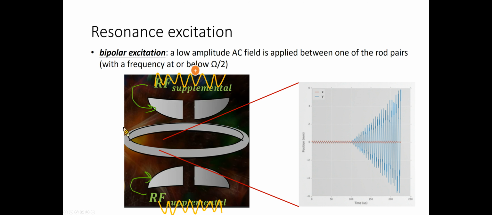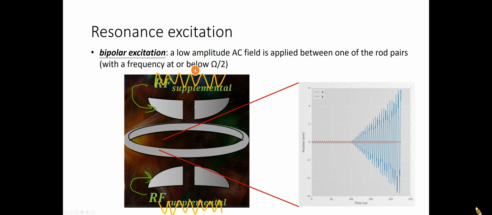Most commonly, bipolar excitation is performed during a linear ramp of the main trapping voltage as ions move left to right across the stability diagram. Their secular frequency continuously increases.